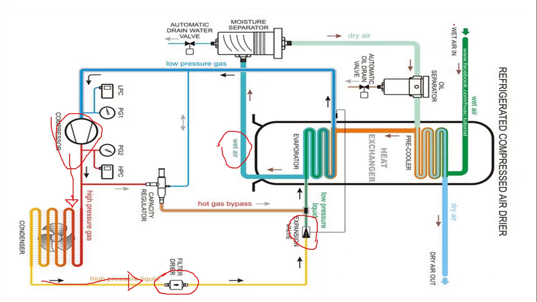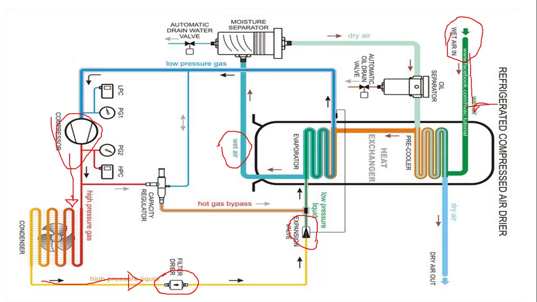So here enters the wet air that comes from the air compressor. This air enters here, okay, and this is a system that makes the pressure cooler and reduces the temperature.